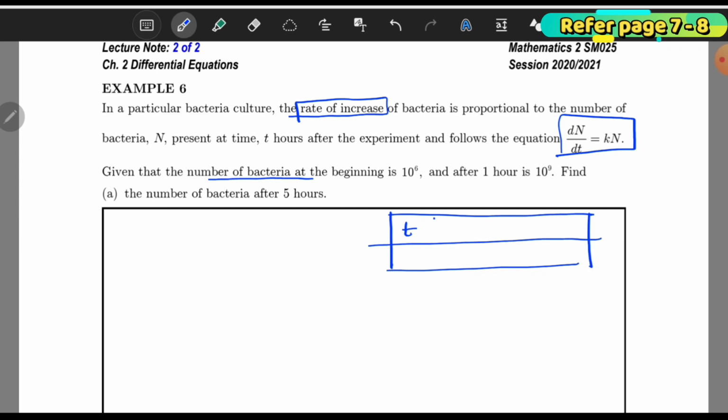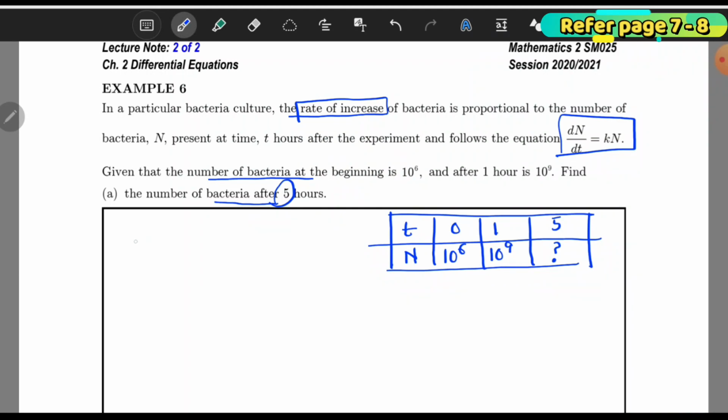When t is 0, the number of bacteria is 10^6. After 1 hour, t is 1, the number is 10^9. Find the number of bacteria after 5 hours. So when t is 5, what is the population?